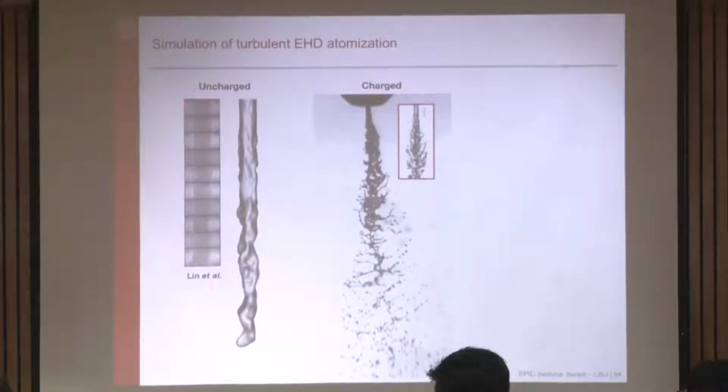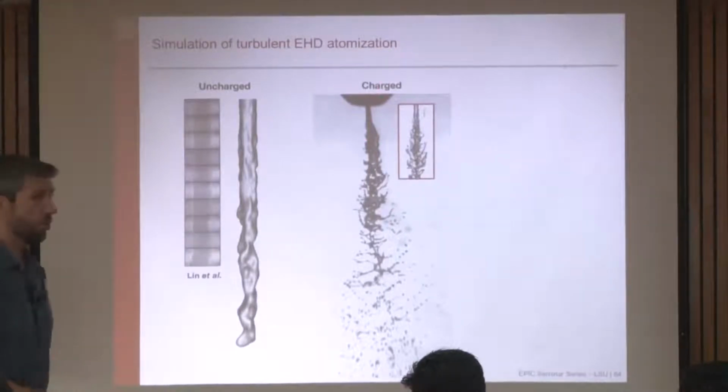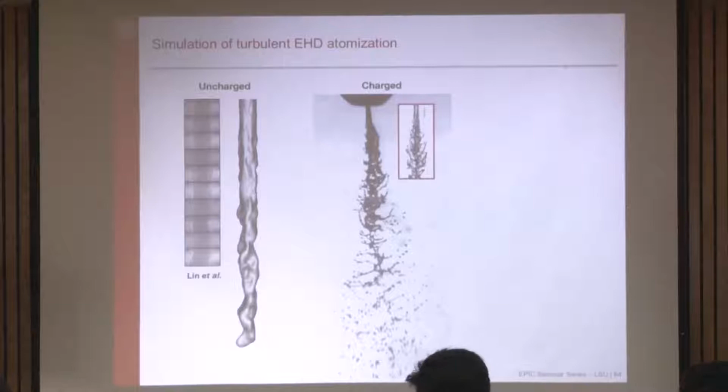This is an X-ray radiograph of a somewhat higher Reynolds number jet, a straight jet, with no charge, and you can see a corrugated surface. Things are pretty boring. There's not much happening. The charge condition matches the Shrimpton experiment I showed you before. If you scale things so that we match exactly those conditions, you can see that we have some qualitative matching in terms of the amount of spread from that jet.